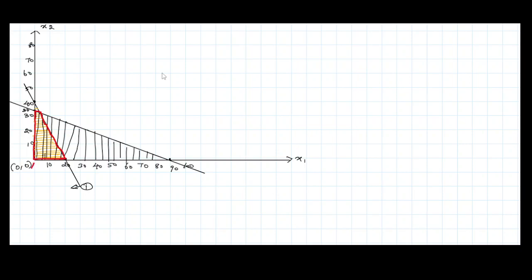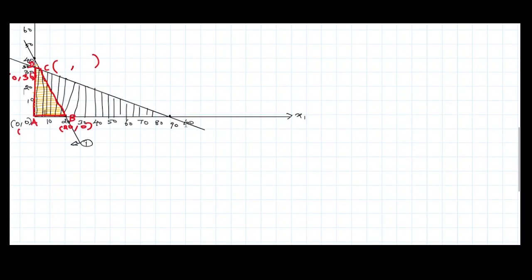Let us identify the corner points A, B, C, and D. Here A is the point 0, 0. B is the point 20, 0. Here we don't know about the point C. We already know the point D, which is 0, 36.